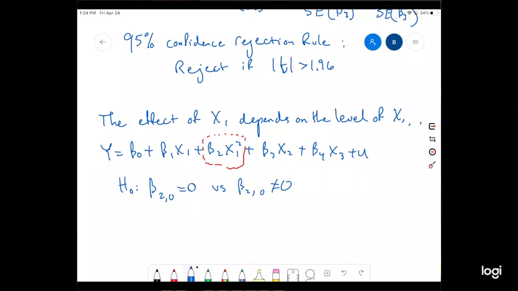So beta 2, this nonlinear effect, does not seem to be important, suggesting that there is no relationship between x1 squared and y, or at least it's not a statistically significant relationship. So we don't need x1 squared in the model.